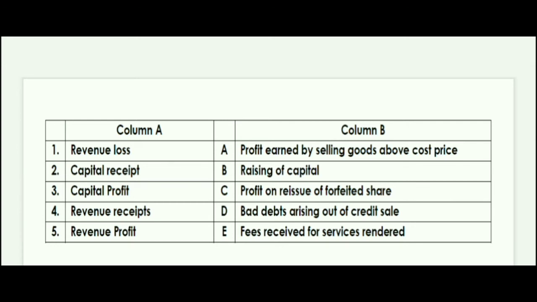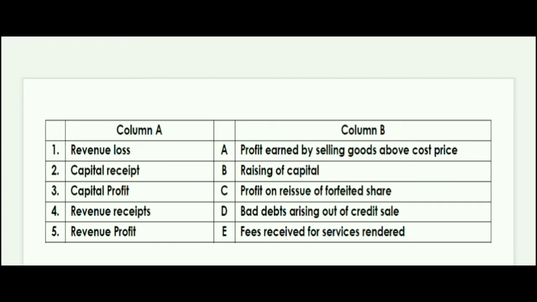Next is capital receipt. So guys, raising of capital is what? Capital receipt. Next is capital profit, so this is profit on reissue of forfeited share. Fourth is revenue receipt, fee received for services rendered.